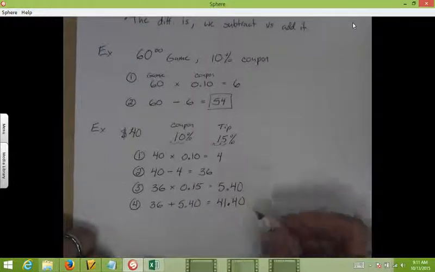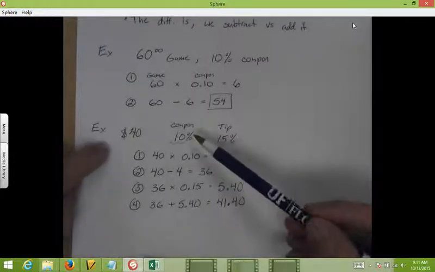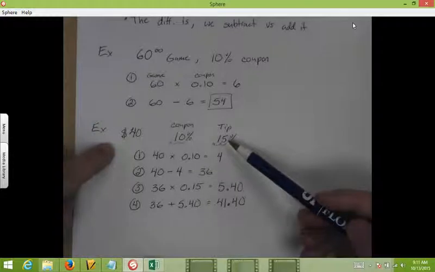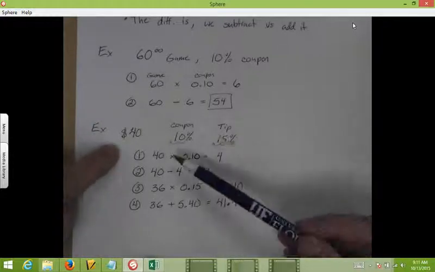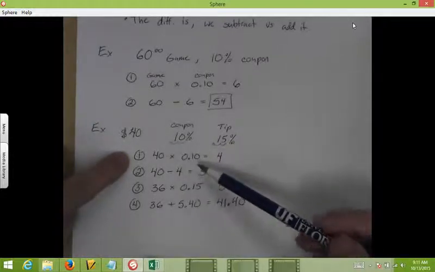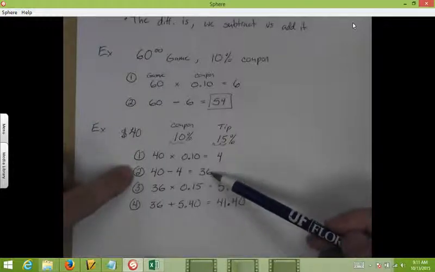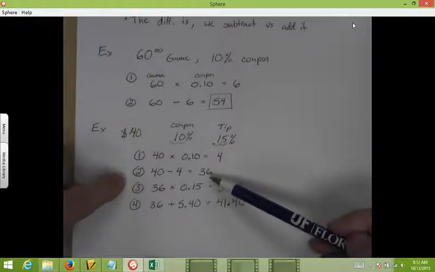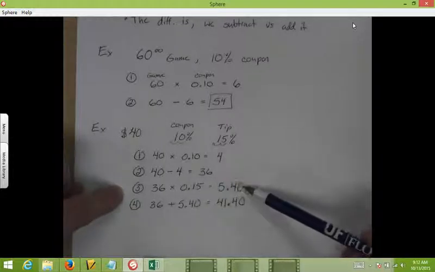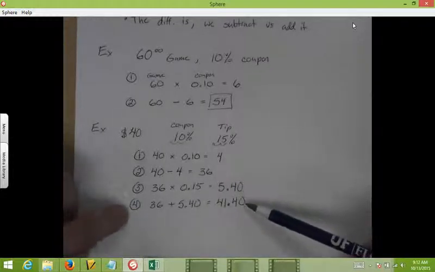So again, when you have a coupon and a tip, first find out what your price is after you use the coupon. Next, find out what your tip is, and then add your tip.